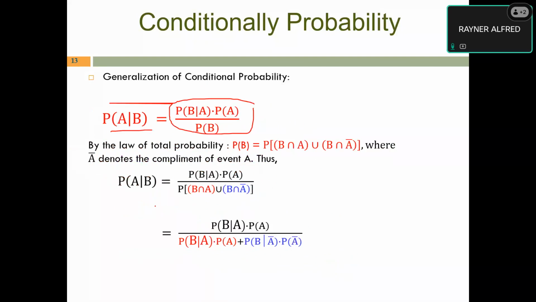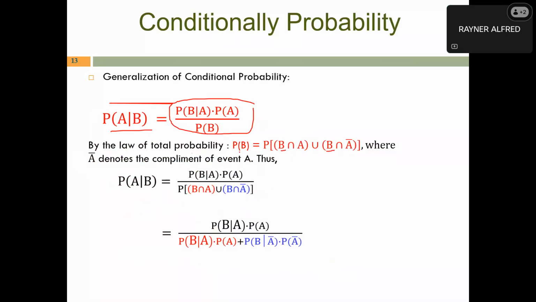Okay, so when we simplify the law of total probability, basically we are looking at the probability of having B and A union the probability of B and not having A, because we want to get the probability of B only.